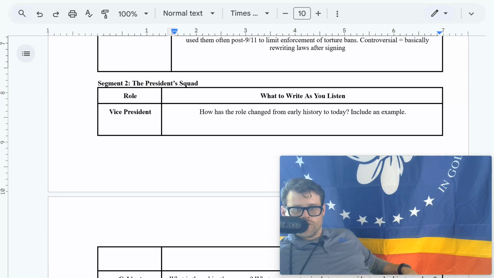The National Security Council, the NSC, who handles the nukes, the atomic bombs, and global drama. And then the White House office staff. They keep the machine moving so the president doesn't look like a total clown on camera, guys.